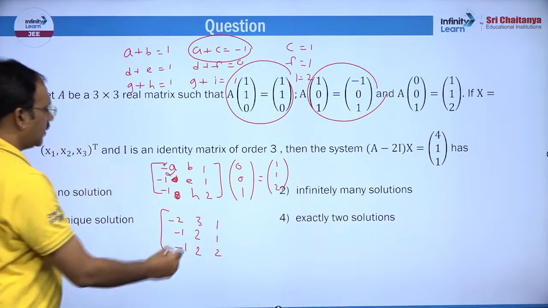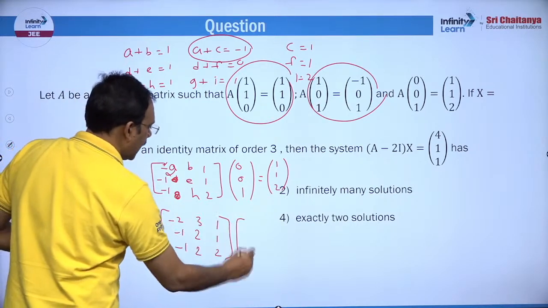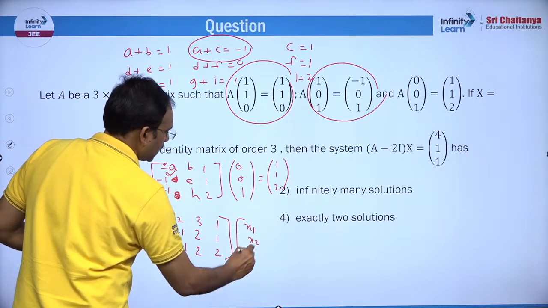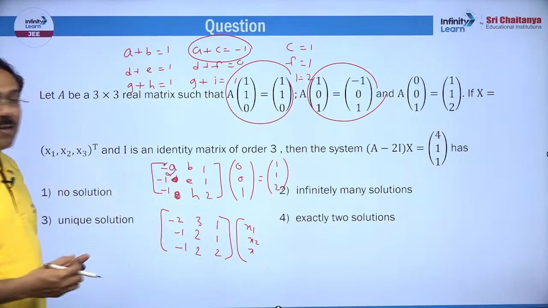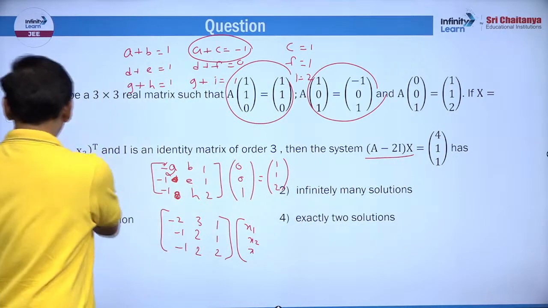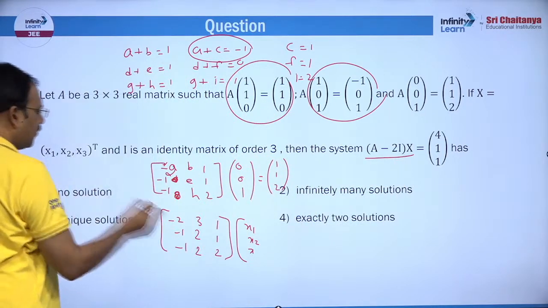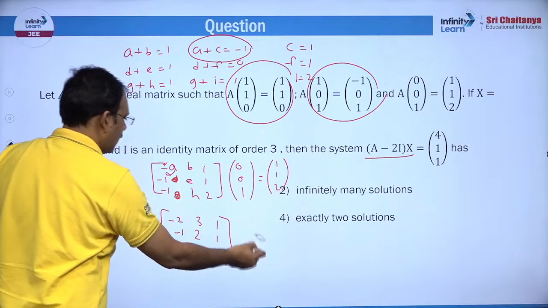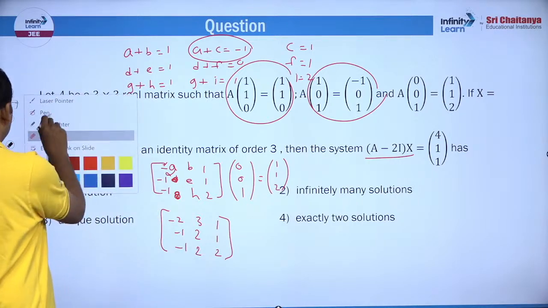Now, friends, A is completely known, and X is x1, x2, x3. He wants A minus 2I into X, this equation. Once you know A, it is a bit time-consuming undoubtedly, but I can solve this question definitely.